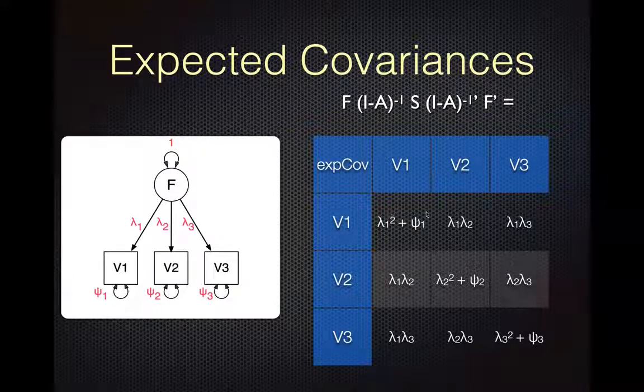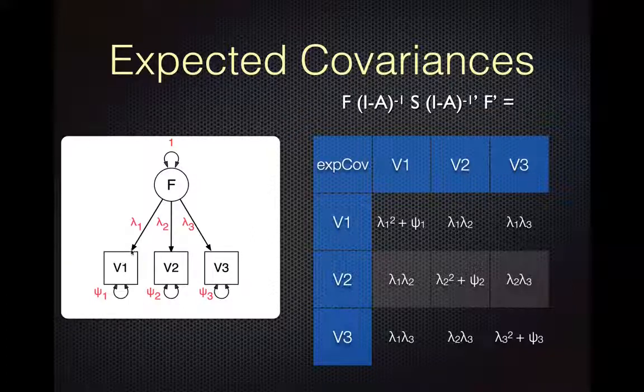And this expected covariance matrix is, of course, symmetric, because we expect the covariance between variable 1 and variable 3 to be the same as the covariance between variable 3 and variable 1, for example. But in following through this list, the one other trick to notice here is calculating the variance of V1.